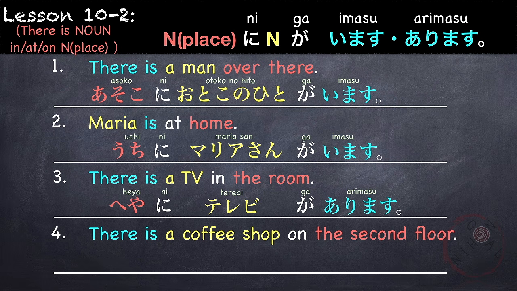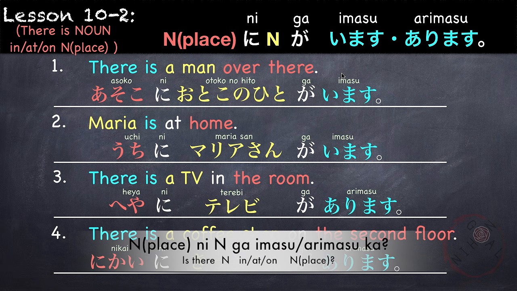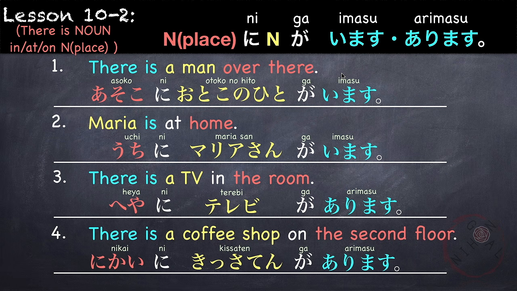Second floor is 2階. 2階に. Coffee shop is 喫茶店, or it could be coffee shop in katakana. And then 喫茶店 followed by が and then あります. 2階に喫茶店があります.